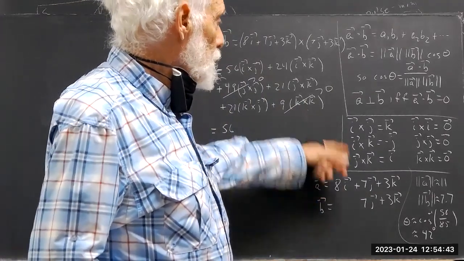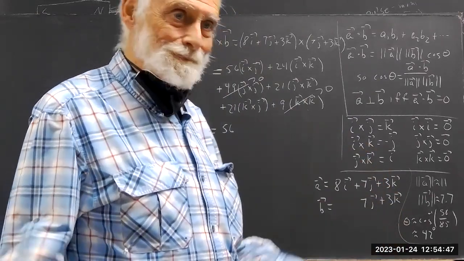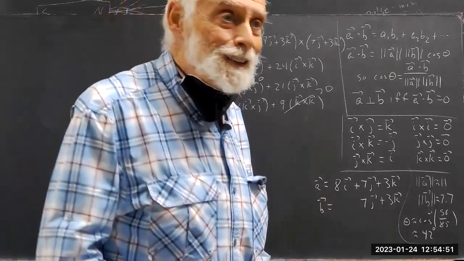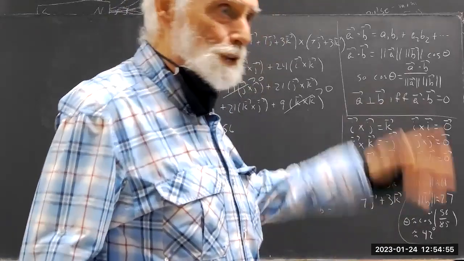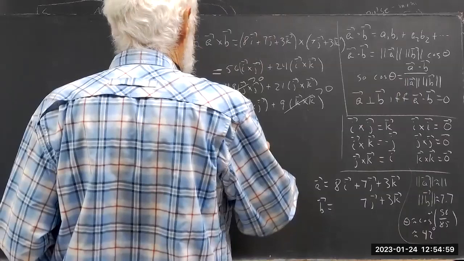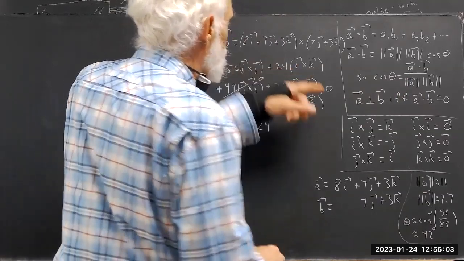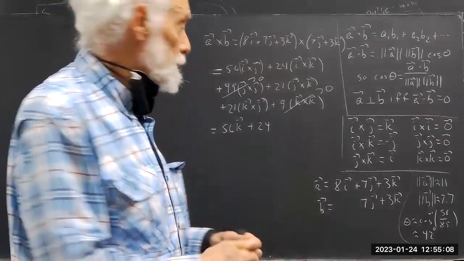Now you can keep a table handy, so you always know this, but it's i cross j, that's k. Use your right hand. And that's k. And it's 24 i cross k. i cross k is negative j.